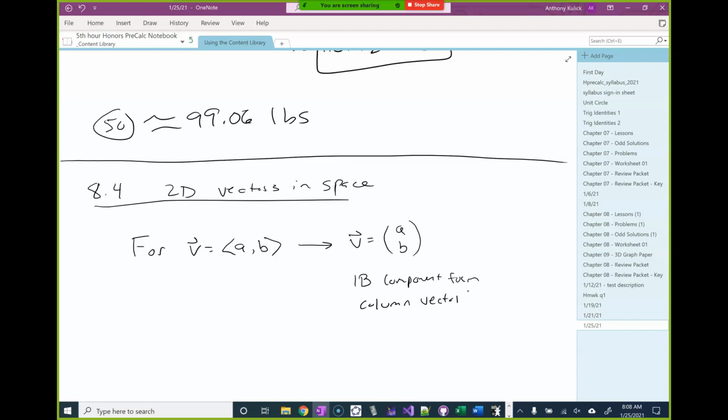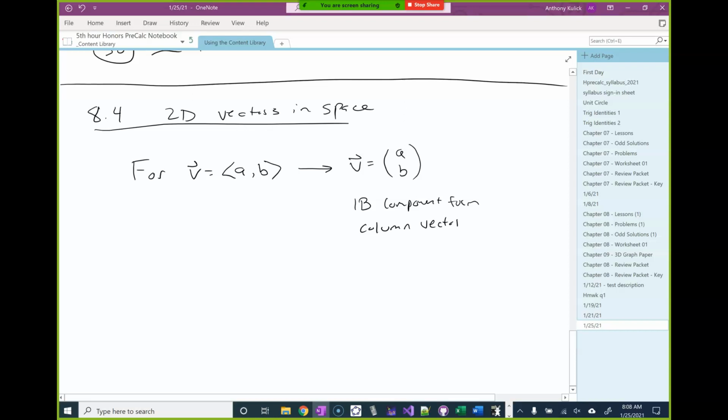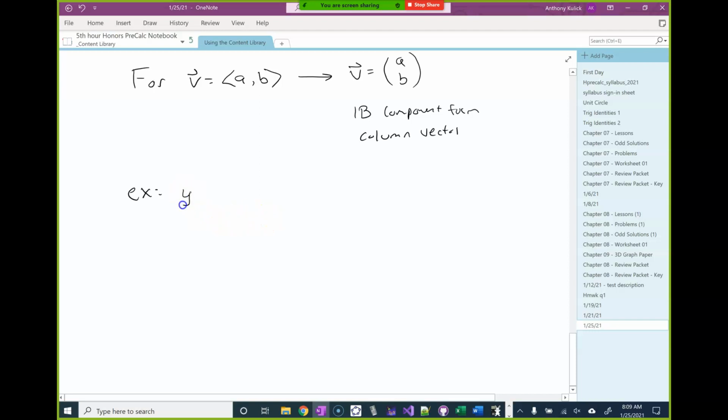So let's talk through the idea here. I'm just going to look at a real life example of an equation for a line. So let's say y equals 1/2 x plus 1.